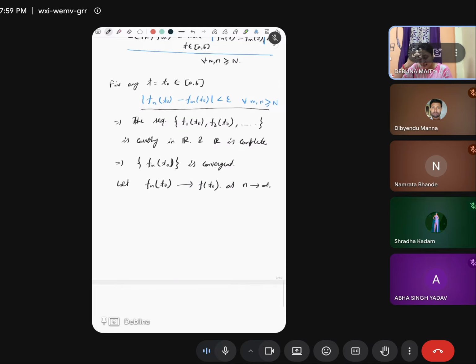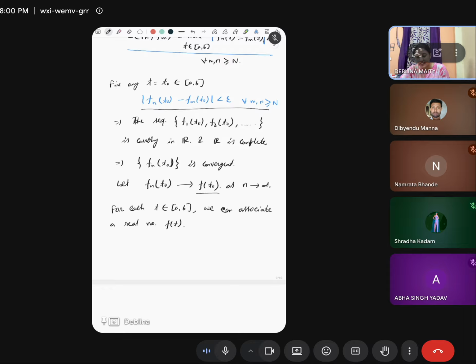So what we see is that for each t naught, which we have chosen fixed and arbitrary from [a,b], I am getting a point f(t naught). So for each t in [a,b] we can associate a real number f(t).